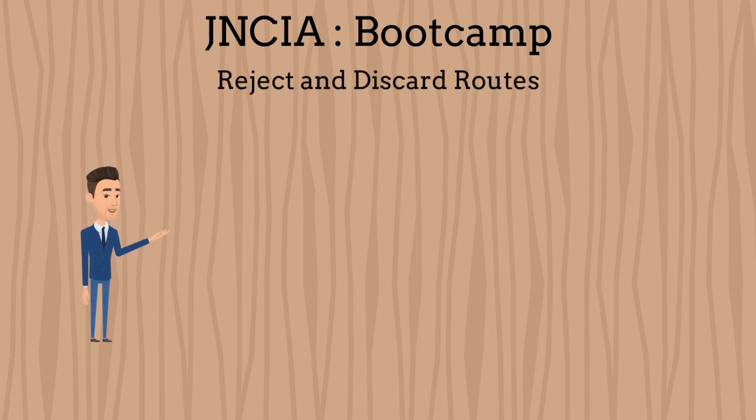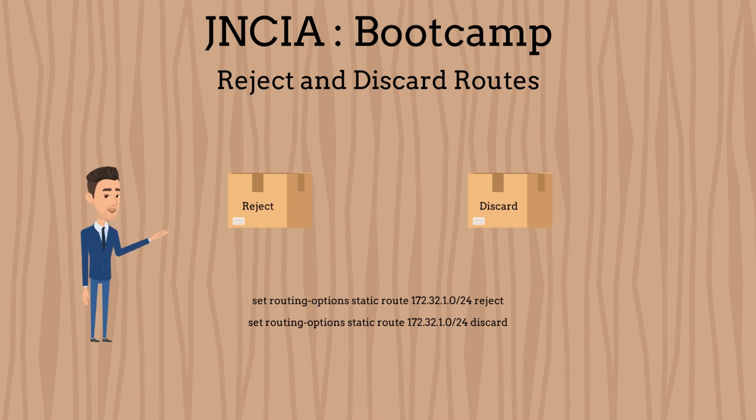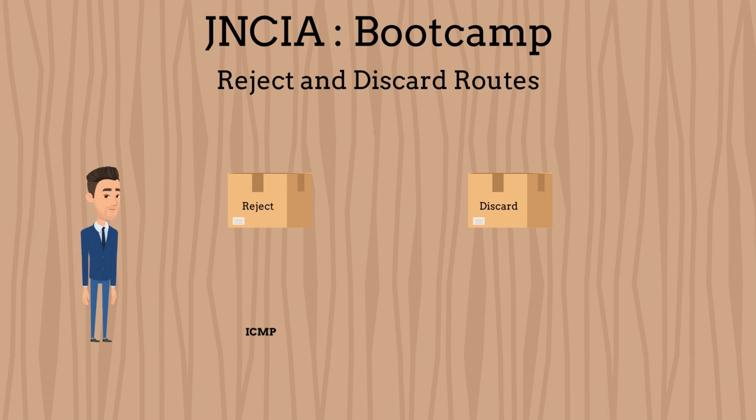Reject and discard routes. Static routes can also use the reject or discard options. When a packet hits the route and is rejected, an ICMP error is shown. If we use a discard route, the packet is silently dropped.